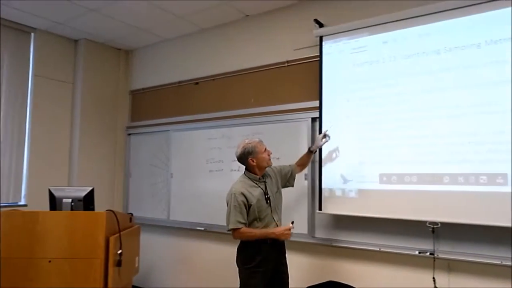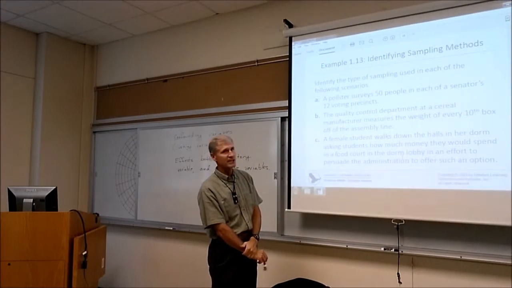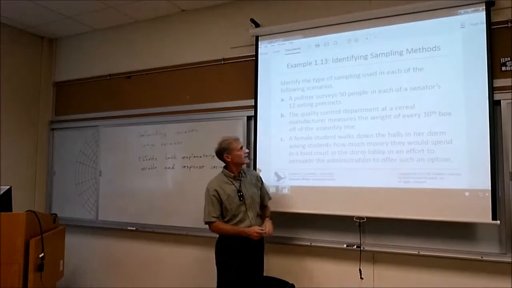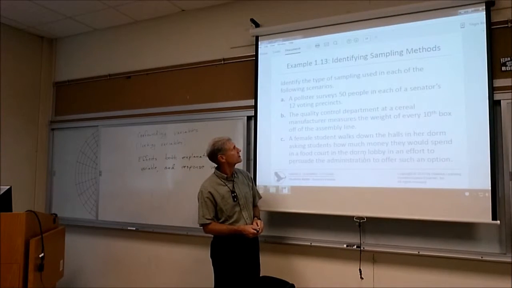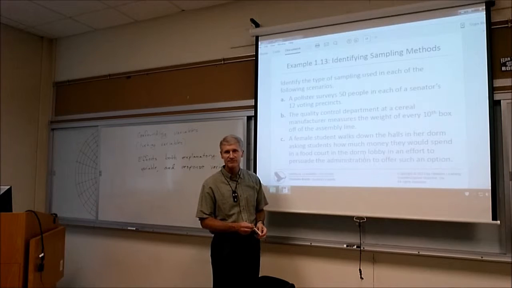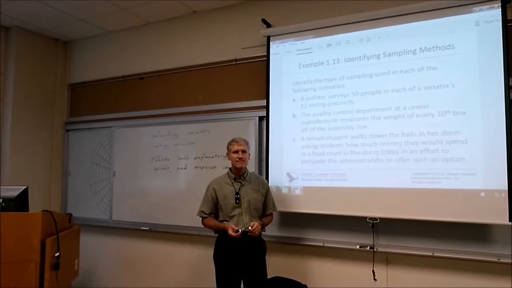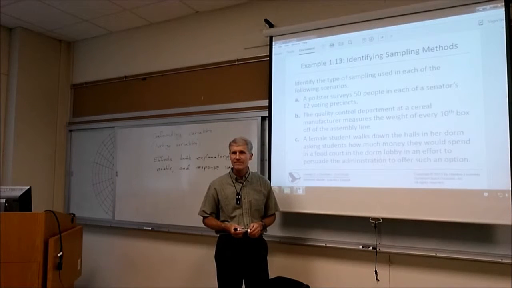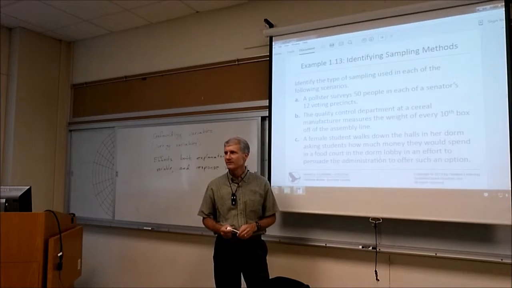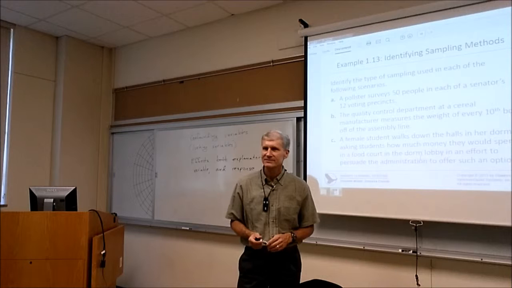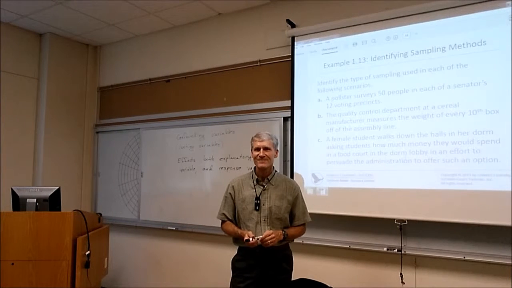Okay, so identify the type of sampling in each of the following scenarios. First one says, a pollster surveys 50 people in each of a senator's 12 voting precincts. What kind of a sample do we have there? I heard cluster. I heard something else that I couldn't hear. Stratify. One of those is right.